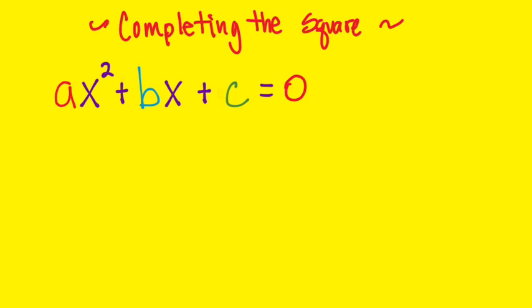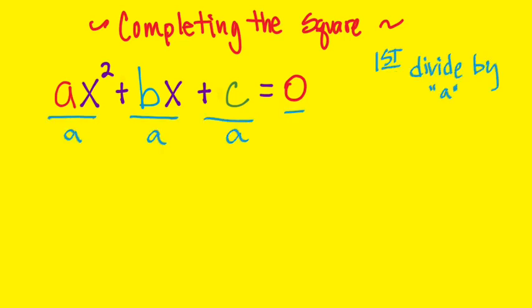First, I need to isolate my x squared. So I would divide everything by the a value, right? Divide by a. And I divide everything by a on both sides, right? So I get x squared, and these obviously would cancel out here, right?